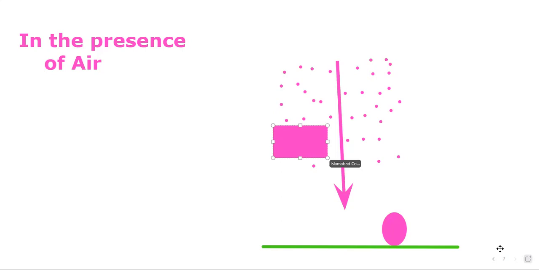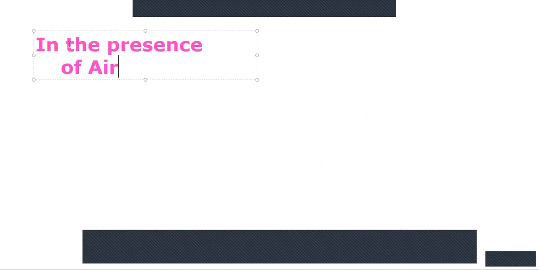Suppose the second case, when there is an absence of air. When there is an absence of air, both the sphere and the cuboid will reach at the same time.